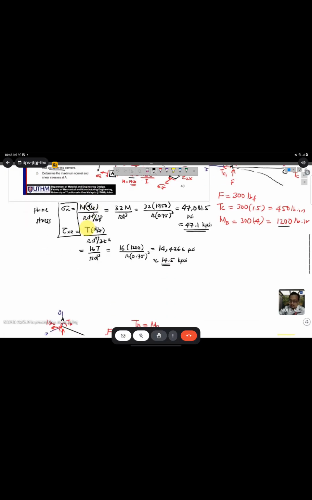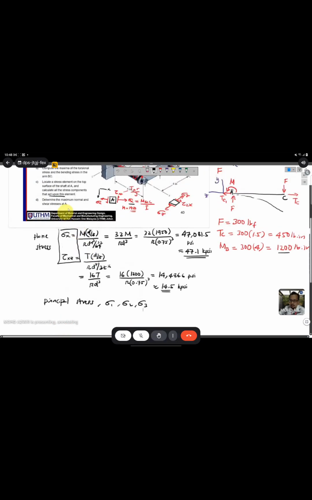So the next one, for D, determine the maximum normal and shear stresses at A. They actually ask you to calculate the principal stress, which is sigma 1, sigma 2, sigma 3, for the maximum normal stress.